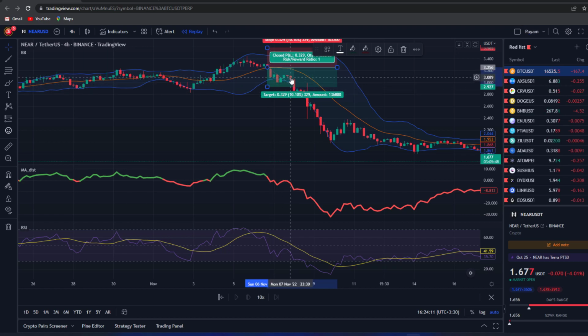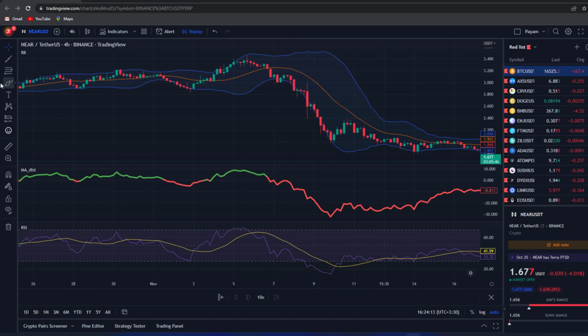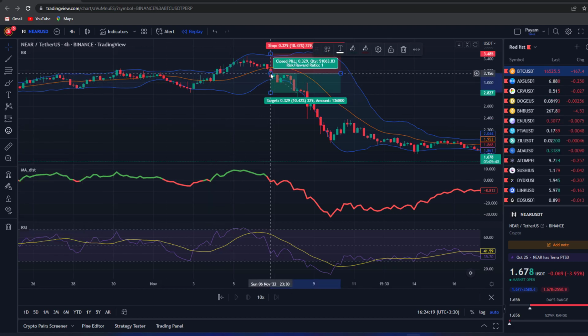Okay, we can even go on the next candle if you want to be more sure. If you want to be assured, we can enter in the next candle over here. Stop loss. Now, many of you might ask where the stop loss should be.